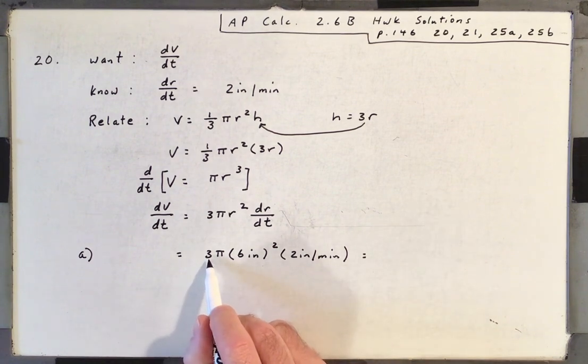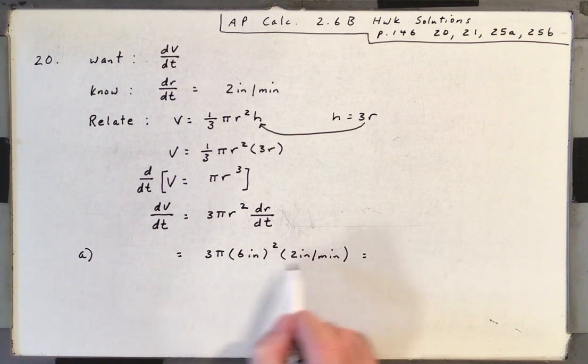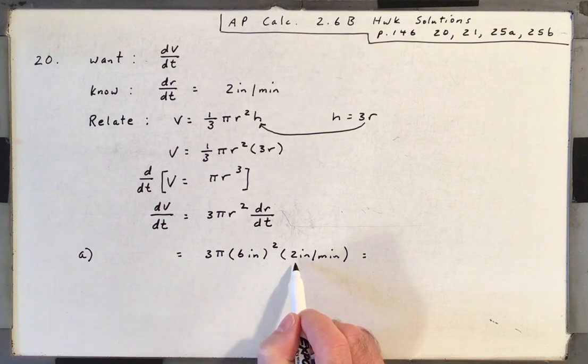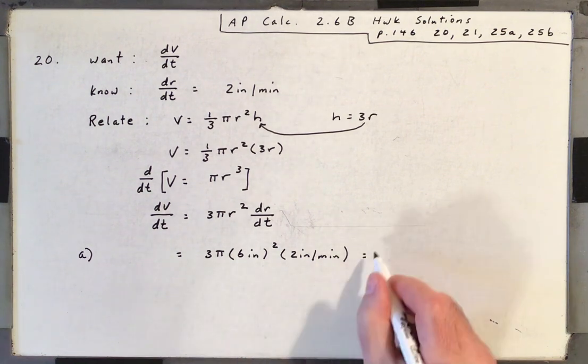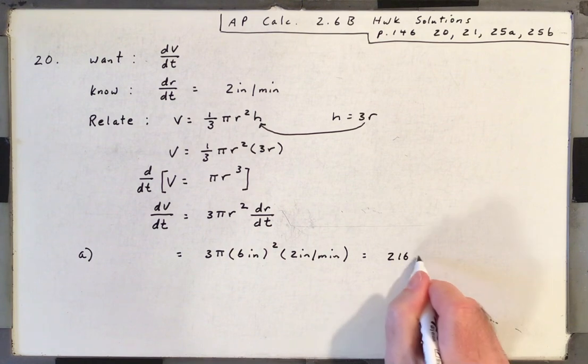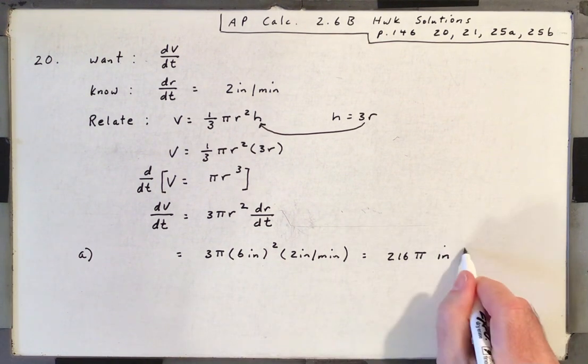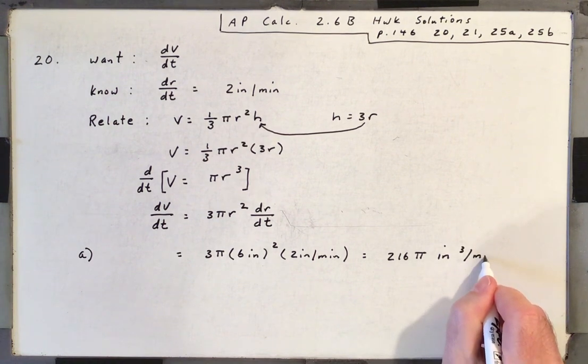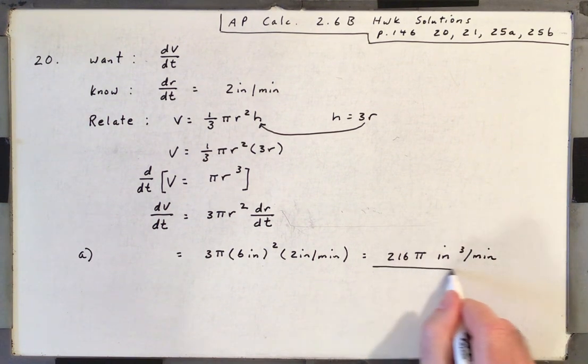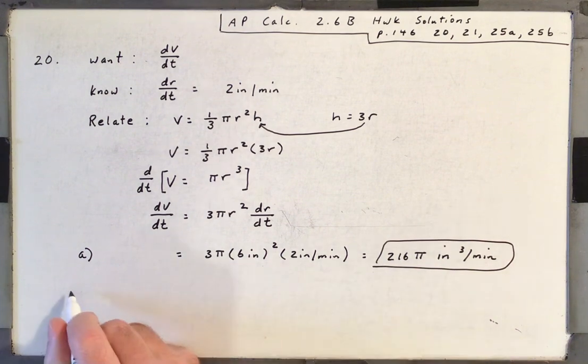So 3 times 6 squared is 36 times another 2, and that's going to be 216 pi inches cubed per minute. So cubed being a volume unit.